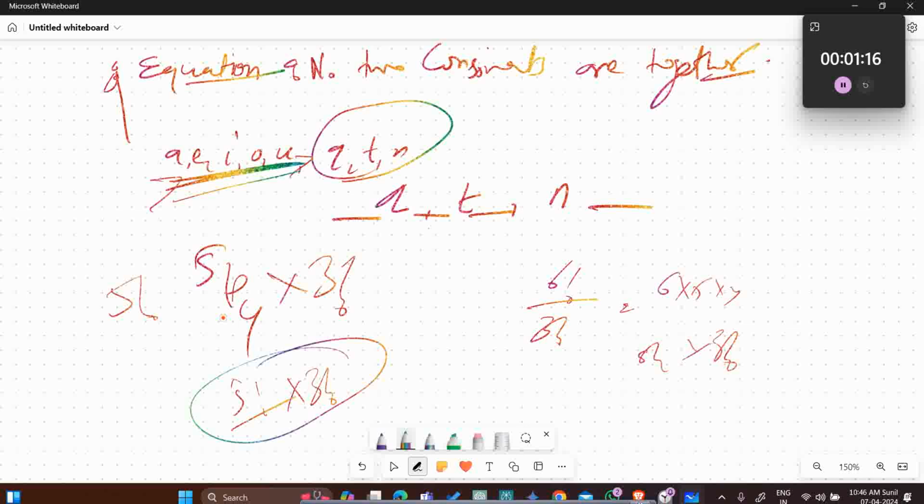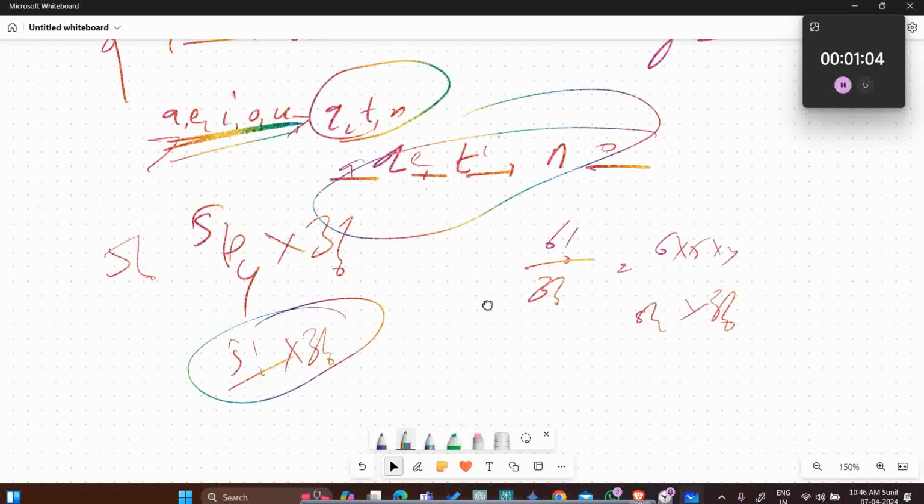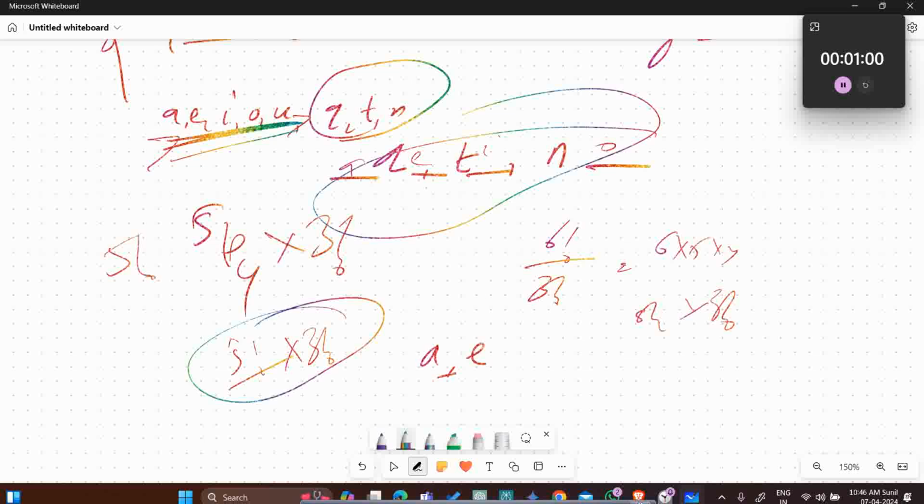But no two consonants are together. This is not the way we can do this. So what we will do is put A, E, I, O and U, and how many places are now? 1, 2, 3, 4, 5 and 6, for 3 consonants.